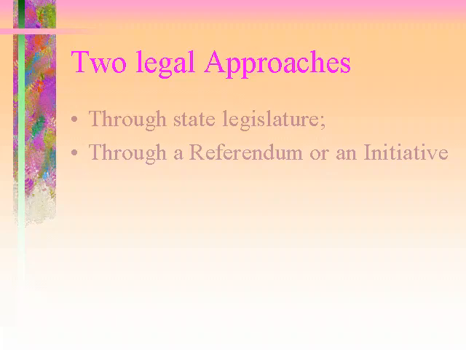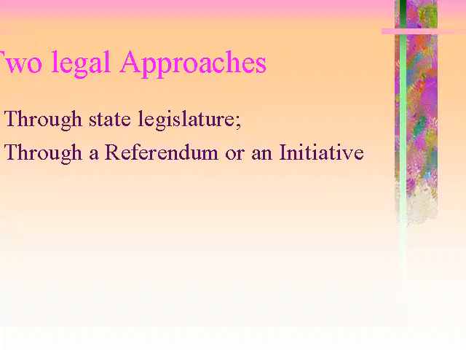First is through the state legislature, and the second is through a referendum or initiative. Through the state legislature, you have the Assembly and the Senate, and it can start in either one.